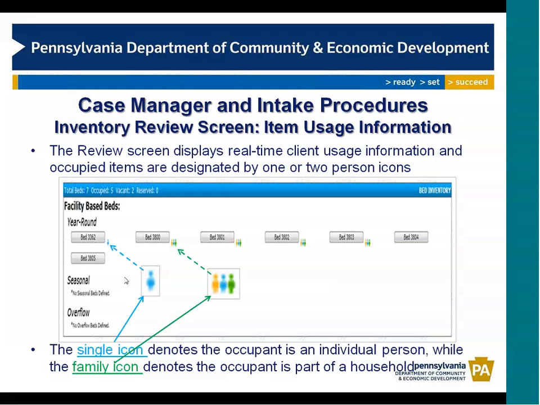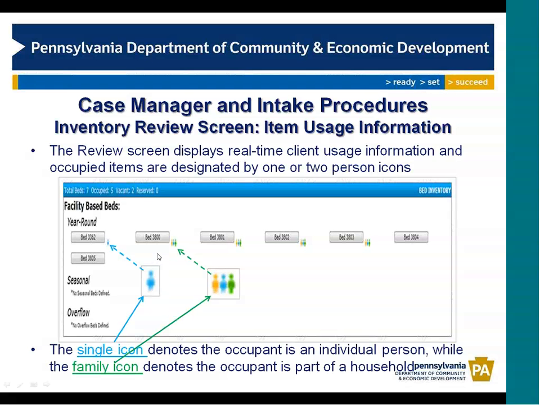They're about the relationship of the person occupying the bed to other people in the program. So anytime you see a little blue icon, that means the person occupying this bed is an individual. They're by themselves, either in a system household or in a manual household all by themselves. When you're dealing with that person, that's all you need to work with.